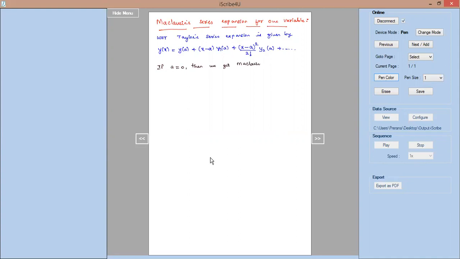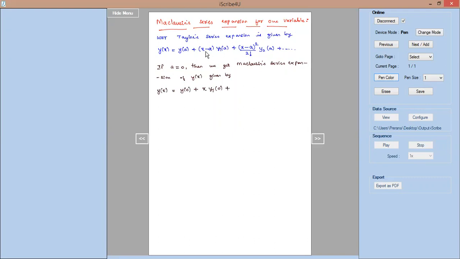Maclaurin series expansion of y of x given by y of x is equal to y of 0 plus x into y1 of 0, where we substitute a equal to 0 here.